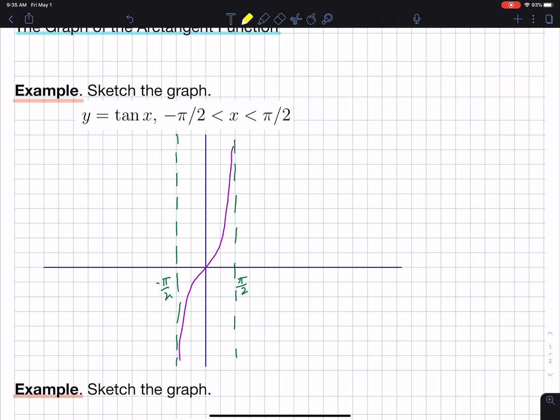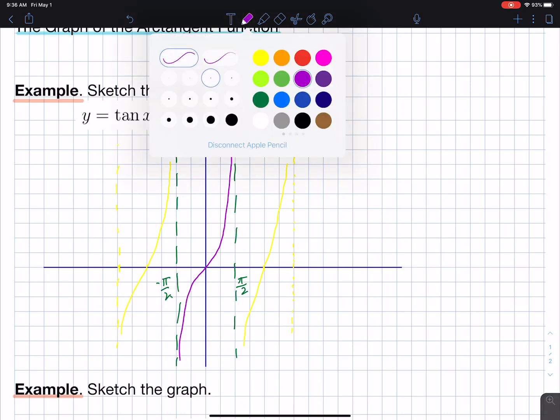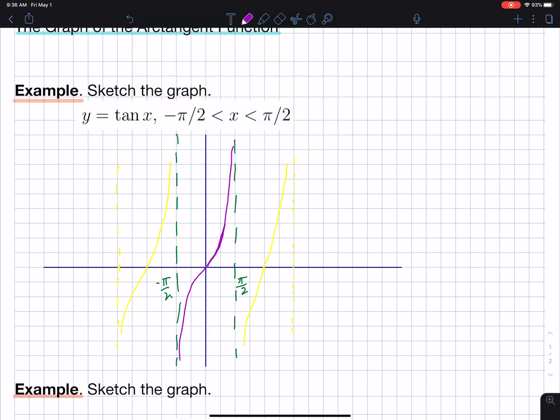Now, I could extend this just to remind us that the graph continues. The purple part is my answer, but I want to point out that tangent's periodic and it goes on forever. The purple part is the part that we want, so this purple part is our answer.